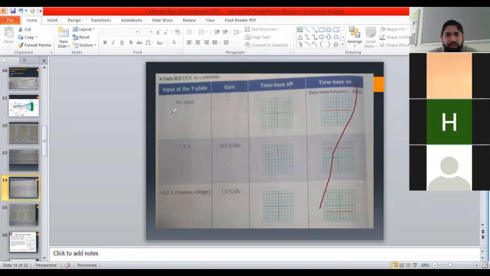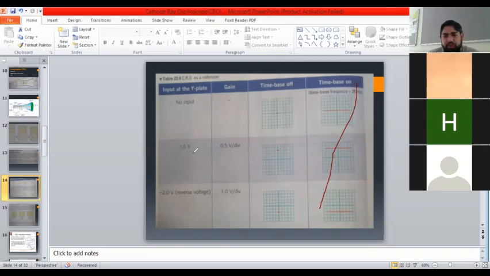So we have applied a signal on the screen, and we have the scale available here. So tell me, is that electron being deflected correctly? Here no input is applied between Y plates, so the electron beam is hitting at the center.